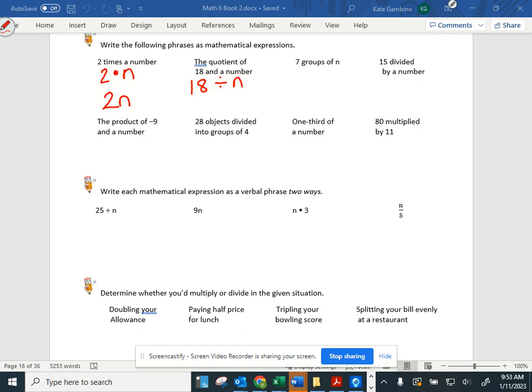If I do 18n like this, then that means multiplying. But I want to divide. JT. Slash. If I do that fraction bar, 18 over n, that means 18 divided by n. And sometimes we do that fraction bar as a slash.